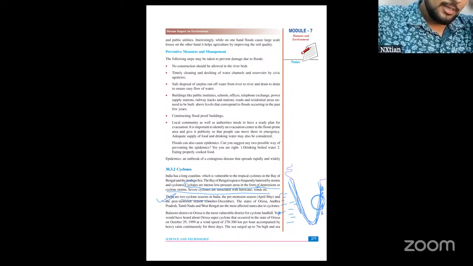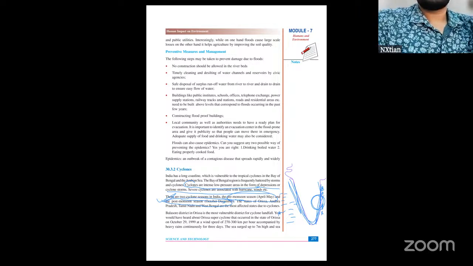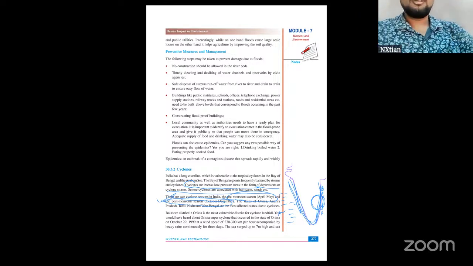There are basically two cyclone seasons in India. First is pre-monsoon, which is April to May, and the second is post-monsoon, which is October to December. So cyclones are most likely in these conditions.